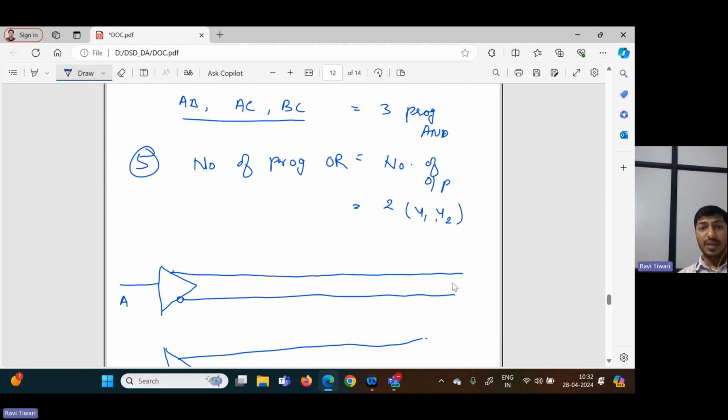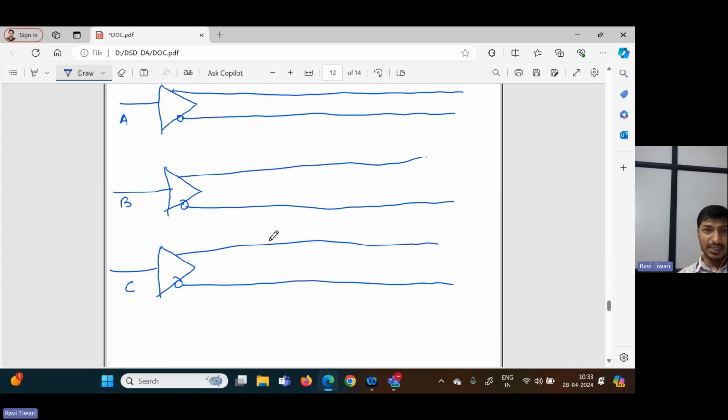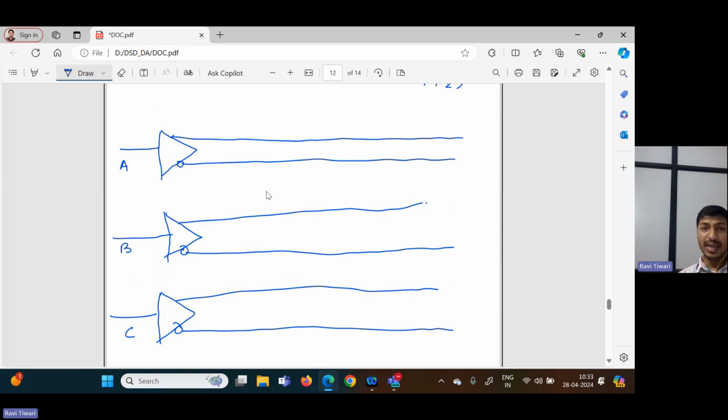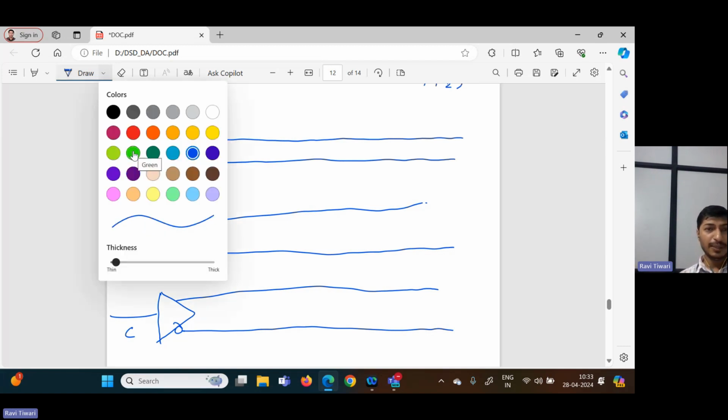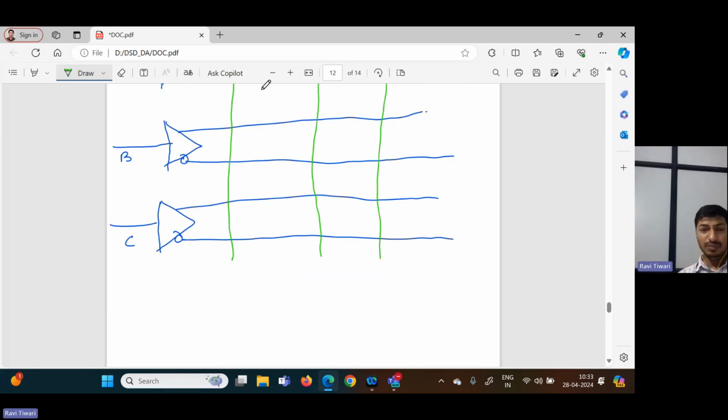After this, based on the number of programmable AND gates, you make a line like this. As we are having 3 AND gates, I'm just changing the color so it will be more clear. Here I am drawing one straight line like this, and this is for the AND gate. As we are having 3 AND gates, I am making 3 straight lines like this. At the bottom, here we are drawing one AND gate.